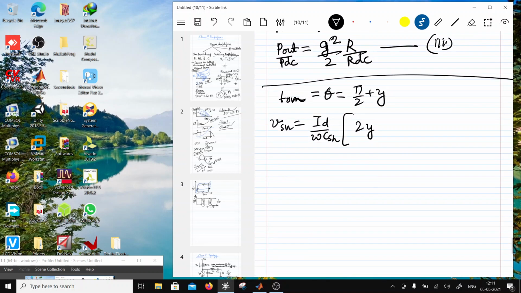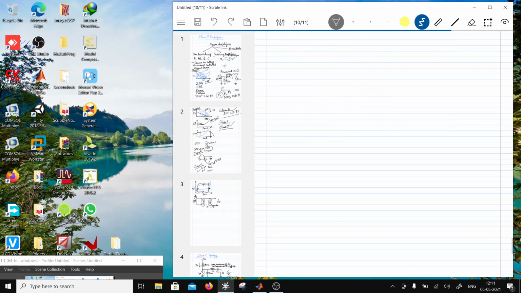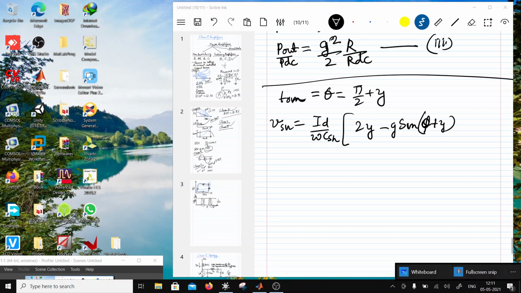It will become minus G sine of phi plus y. Oh, sorry, there is no theta. Right, and then G sine of phi minus y, there is no term of theta there, right?